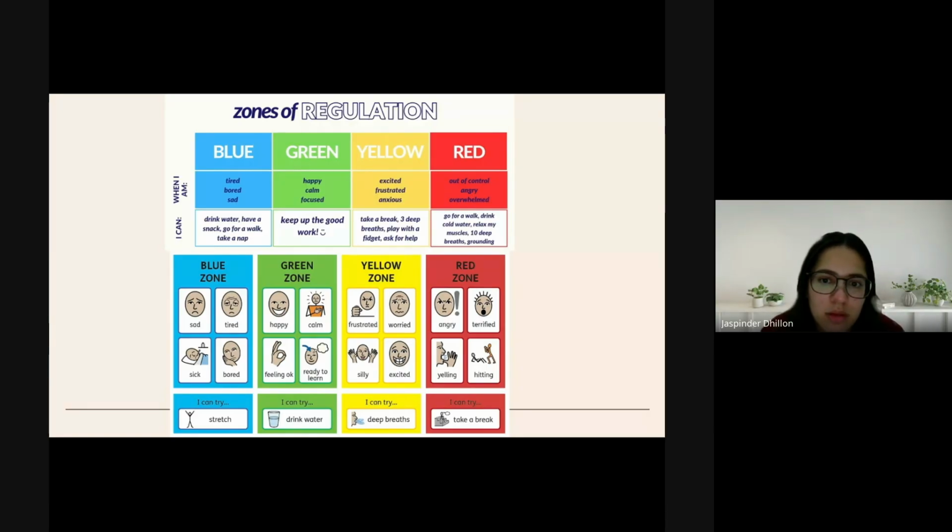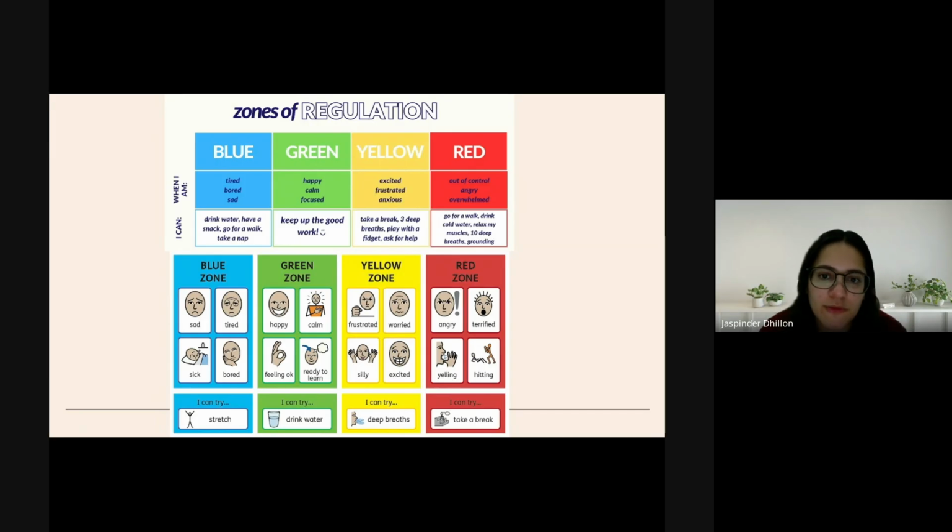So helping the child associate their emotions with the zones could also help them better communicate how they may be feeling and what they could do when they're in these different zones.